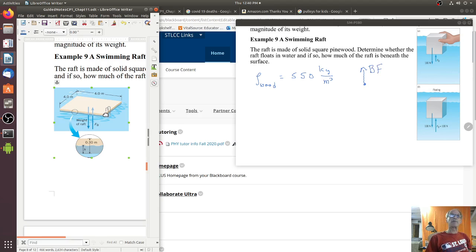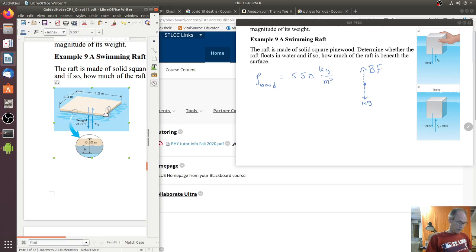Buoyant force can be your best friend if you're stuck and floating in the ocean. And mg is downward. These are the two vertical forces that are canceling out to get the raft to float.